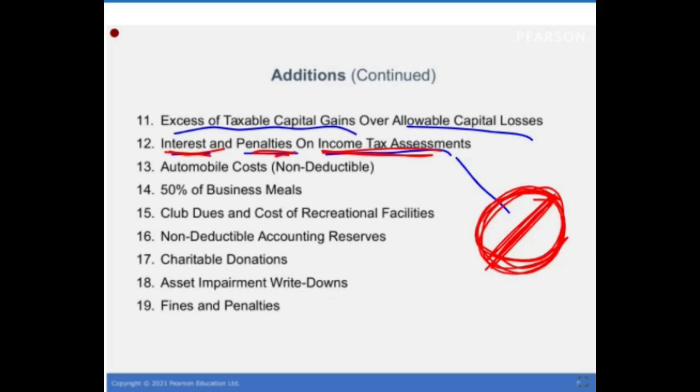A similar one here would be business meals. We can only deduct 1/2 of business meals. Therefore, we have to add back 1/2 of the total cost. That's just kind of the mechanics of how it's done. If you have deducted 100% and then we add back 50%, we're effectively deducting only 50%.